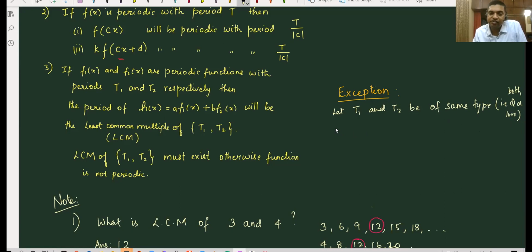Now, if f1 of x and f2 of x are complementary functions, then the period can be, you have to verify.